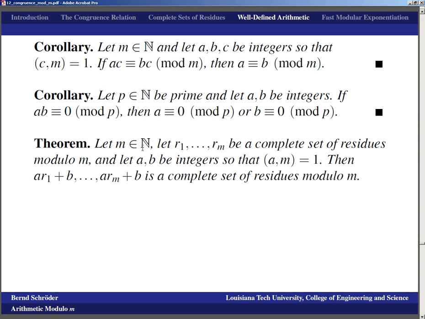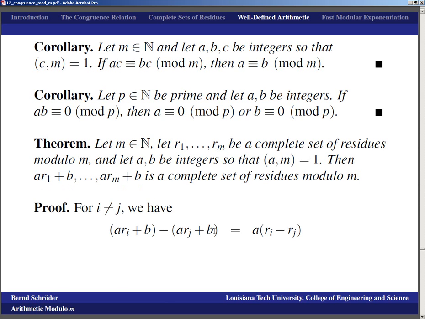If we take a modulus m and we take a complete set of residues modulo m, and we let a, b be integers so that the greatest common divisor of a and m is 1, then a r1 plus b through a rm plus b is a complete set of residues modulo m. How does that go? Well, for i not equal to j, we have a ri plus b minus a rj plus b is just a times ri minus rj, and because the greatest common divisor of a and m equals 1, we can cancel the a, right?